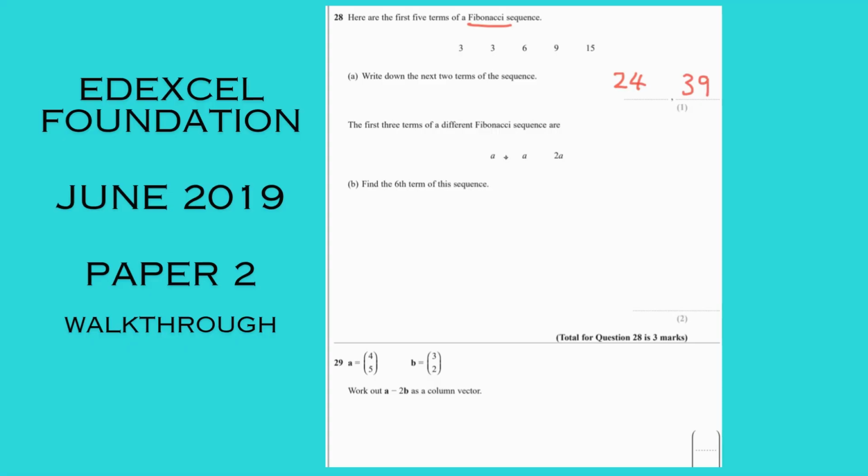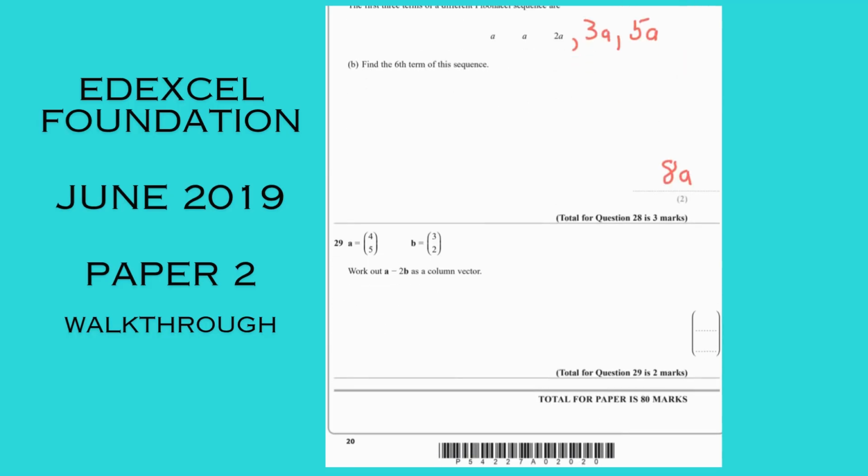Now, if you can do it with numbers, you can do it with letters. A plus 2a makes 3a. That's the fourth term. 2a plus 3a makes 5a. And 3a plus 5a gives you the sixth term, 8a.